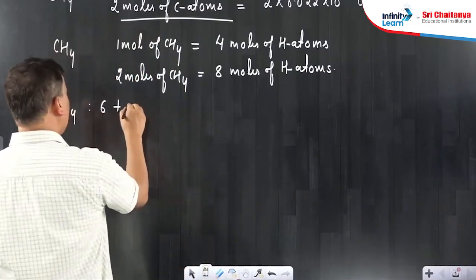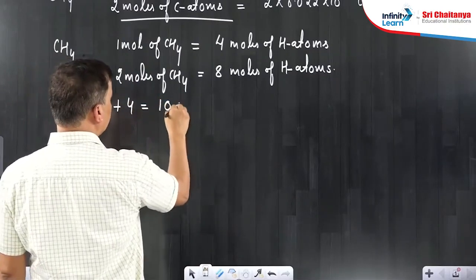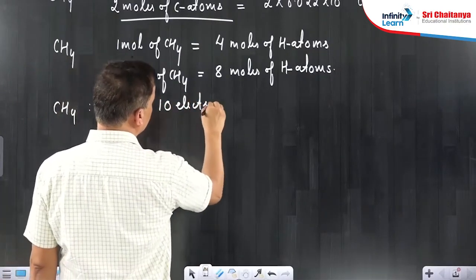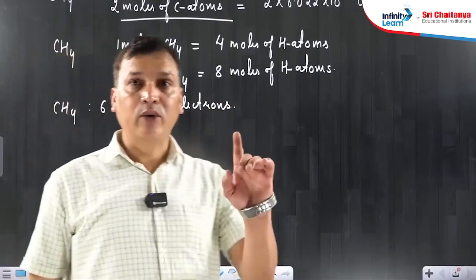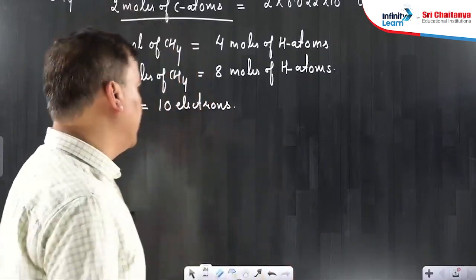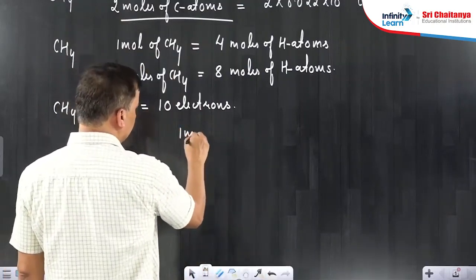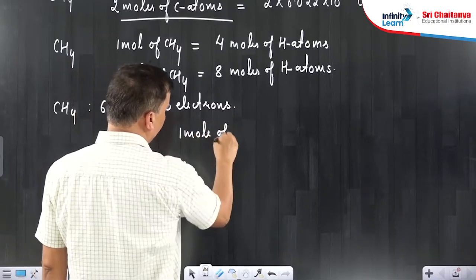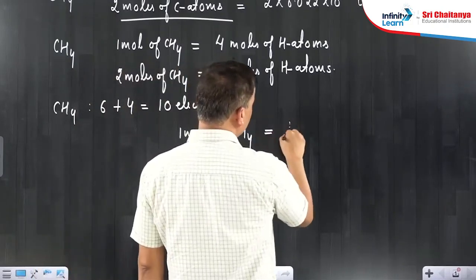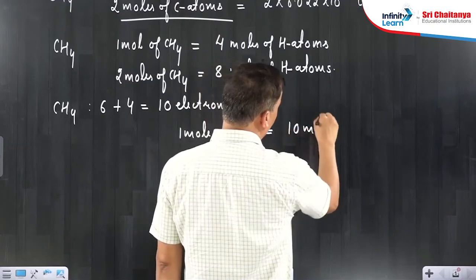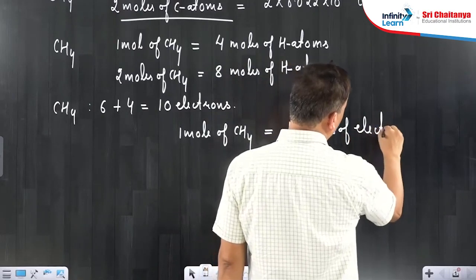So there will be 10 electrons. 10 moles of electrons are present in 1 mole of methane. So are you understanding? 1 mole of methane will contain 10 moles of electrons.